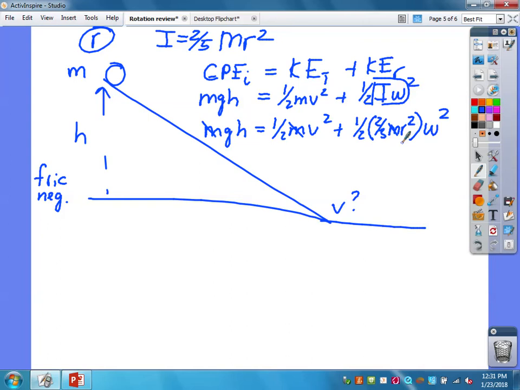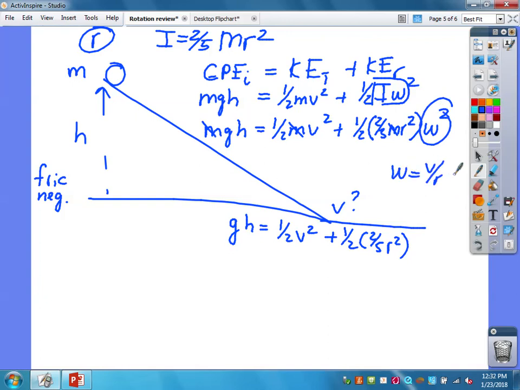All right, I'm going to bring this down here. So now I'm left with gh equals 1/2 v squared plus 1/2 times 2/5 r squared times omega squared. Well, what can I change omega into? Omega equals v over r. So this would be (v over r) squared. Got to make sure we realize this is squared.